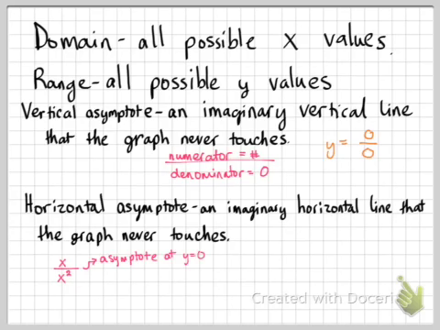Notice that any number you put on top, the bottom is going to be a lot bigger. Well, as the bottom is getting bigger faster, it's creating a smaller and smaller fraction, and what you have is an asymptote right on that horizontal line y equals 0, which happens to be the x-axis.